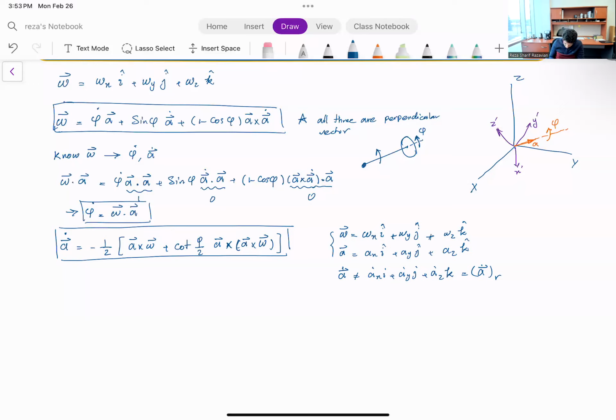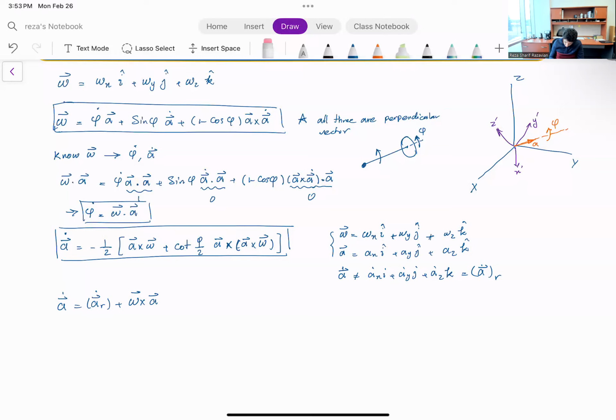And if you remember, for instance, with velocity or anything, A dot is actually A dot relative plus omega cross A. You had this equation in a more familiar way with velocities, for instance. This is the one I want to find.